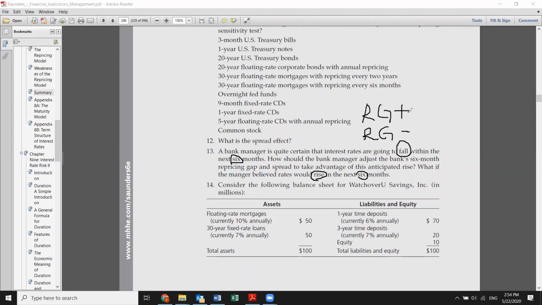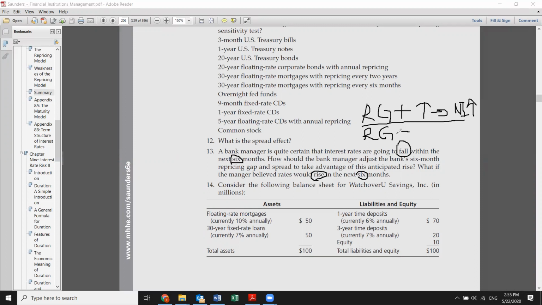When the repricing gap is positive, any increase in the interest rate will make your net interest income increase, while a decrease in the interest rate will make your net interest income go down.